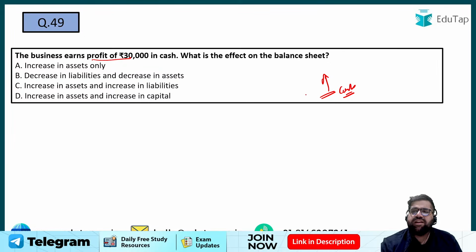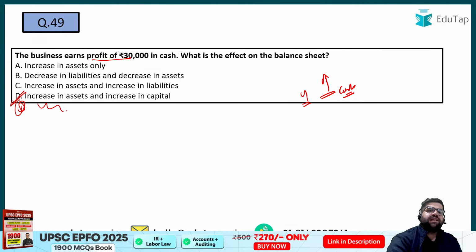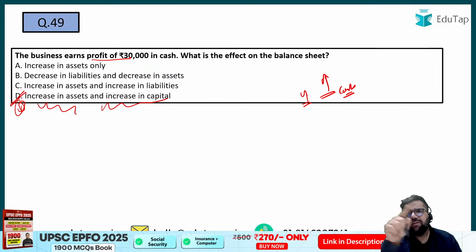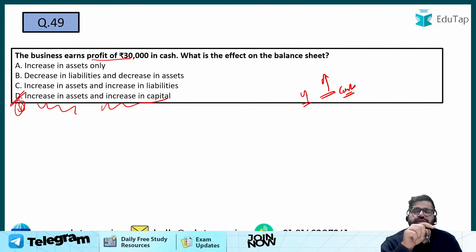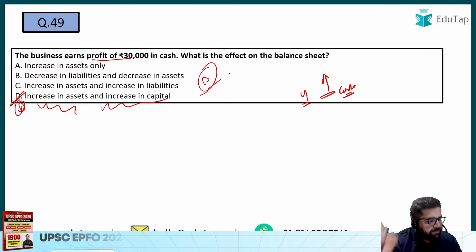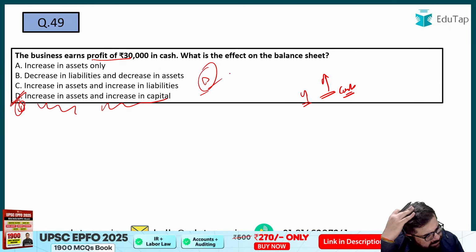Profits are always added in your capital or your equity. So option D is correct. Why? Because you are increasing the asset and you are increasing the capital. Whatever profit is left belongs to the owner, and you add it to the balance sheet in the equity component. Therefore, the correct answer will be option D. Right, all of you?